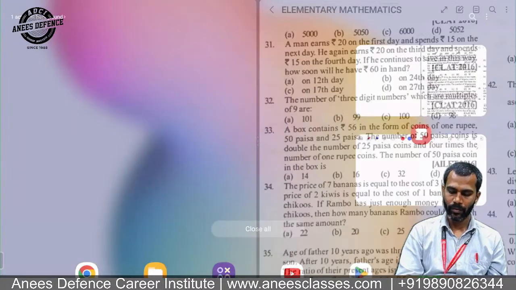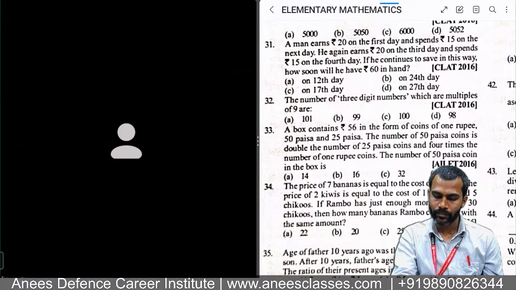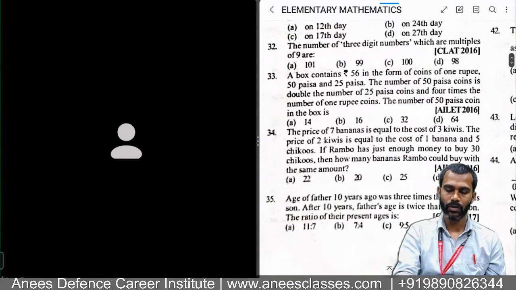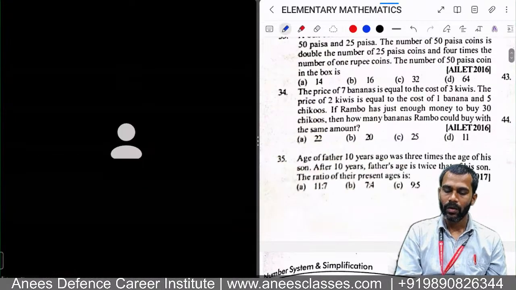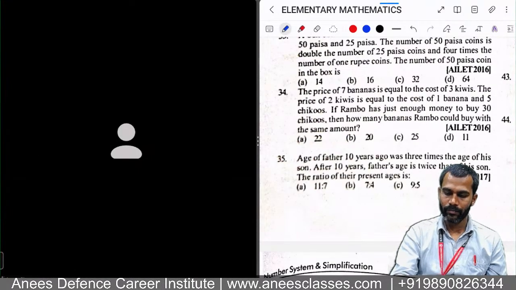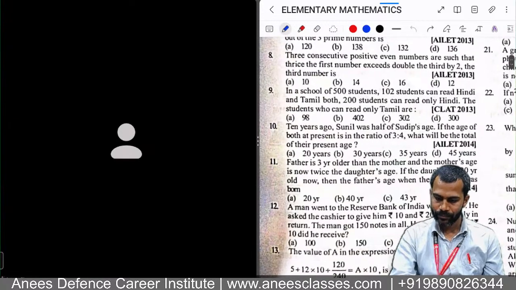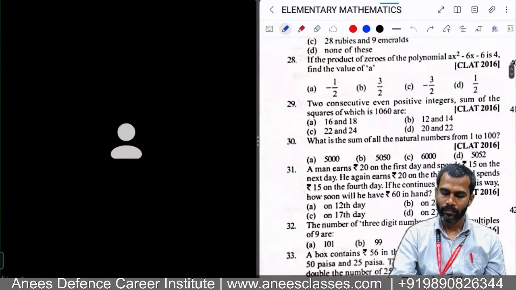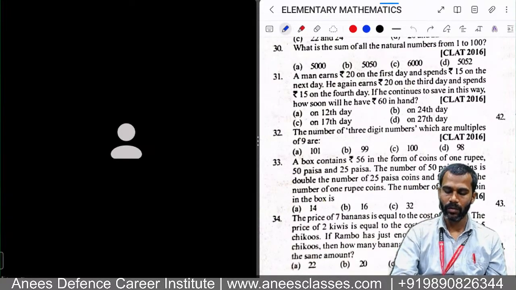Please try to solve this one. Question number 32 done. What is the answer? Question number 32. The number of 3-digit numbers which are multiple of 9. Very easy. Tell me, how can we solve?